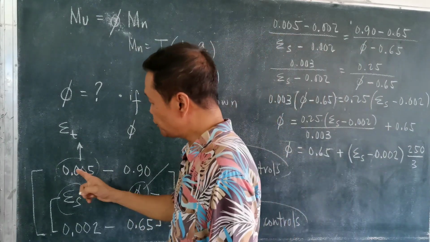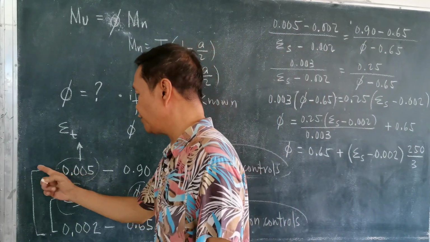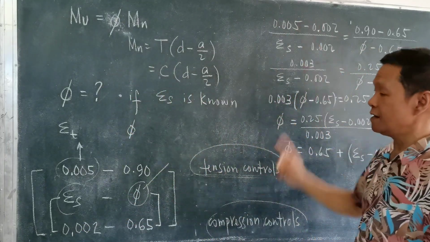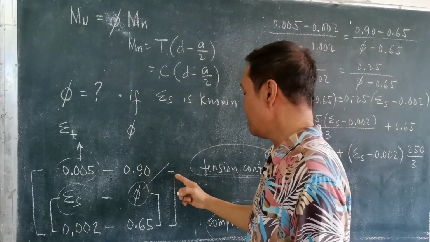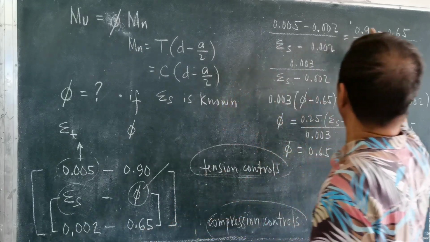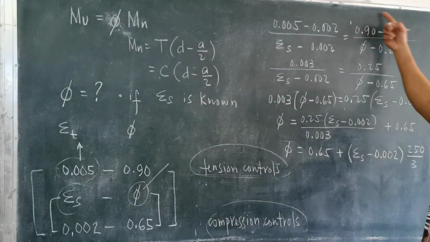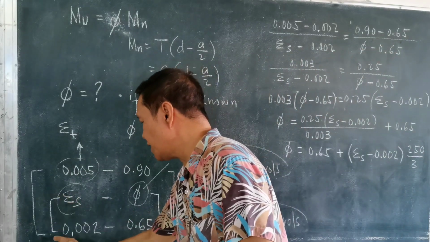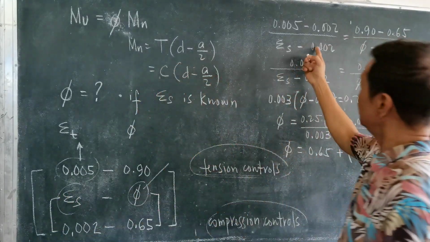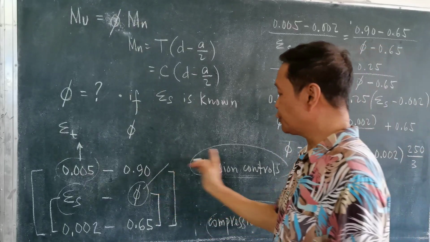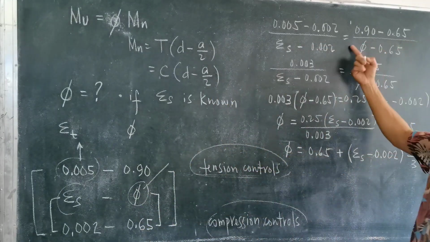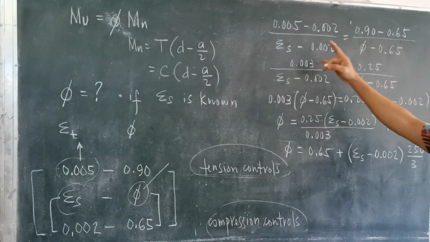So this we do first: 0.005 minus 0.002, and 0.9 minus 0.65 on this part. Then the actual strain minus 0.002 here. The same is true on the other side, phi minus 0.65. So we have now this equation.